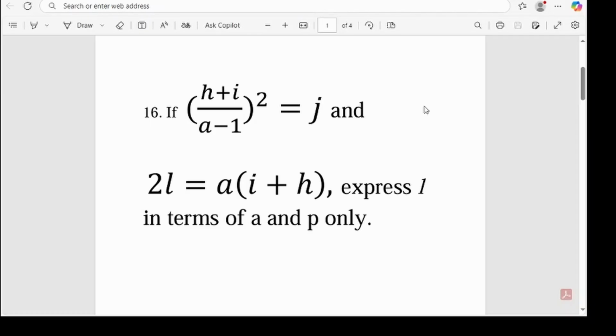In today's series, we would be solving a practical change of subject question.